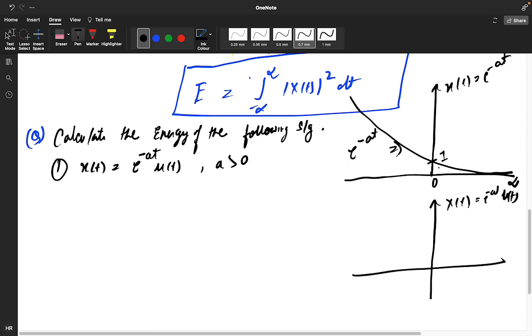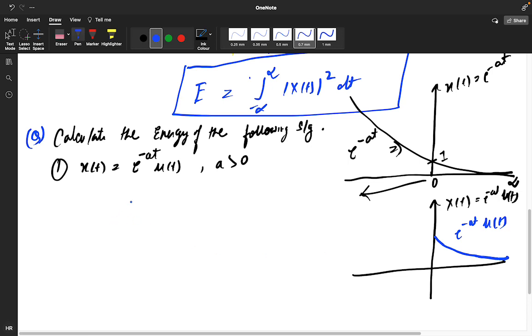This negative part will get neglected, because u of t starts from 0. So you will get the graph like this. This is the graph of e power minus at u of t.